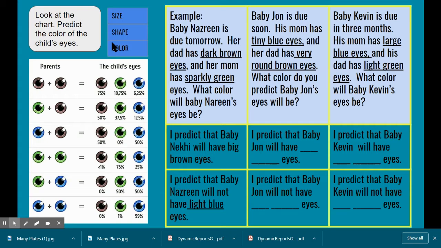The next thing that they want us to cover, I know we're going fast, y'all, is eyes, right? So they have a chart here, and the chart shows the prediction of what a baby's eye color would be based on what the parents' eye color is, right? So if your parents both have brown eyes, you're more likely to have brown eyes than you are blue eyes, right?